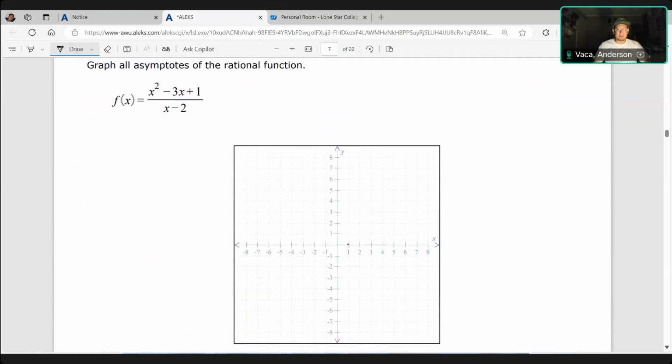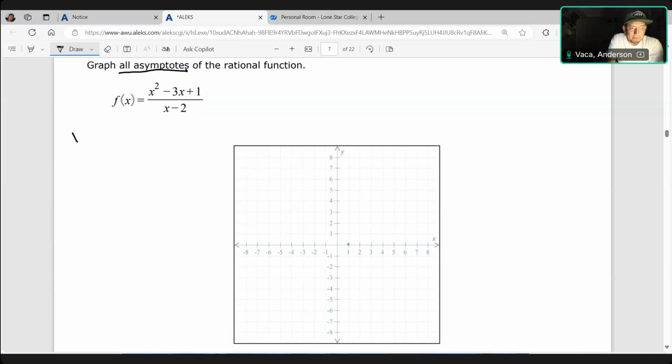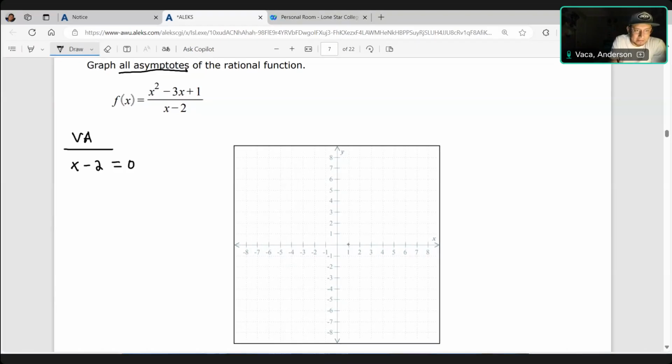Number 15. Oh, look at this. We just want to graph the asymptotes. Okay. So the vertical asymptote will be x minus 2 equals 0. So set the denominator equal to 0. And we get that x is equal to 2. This is what we're graphing.